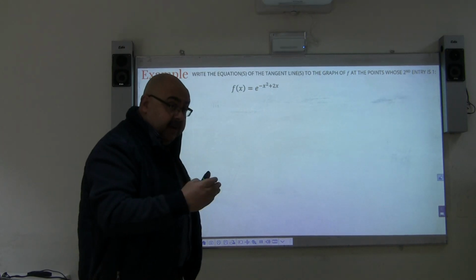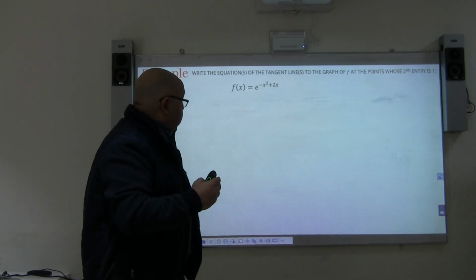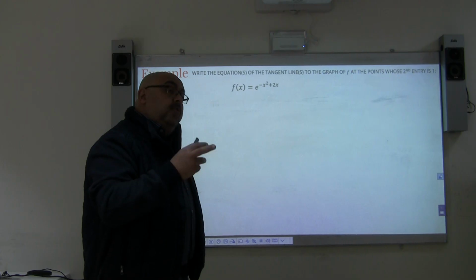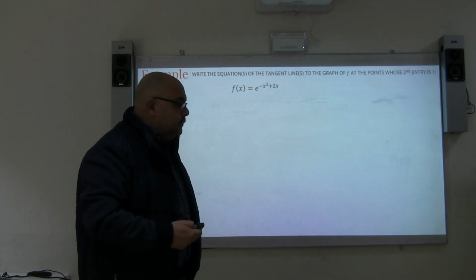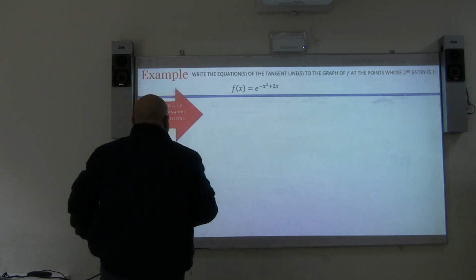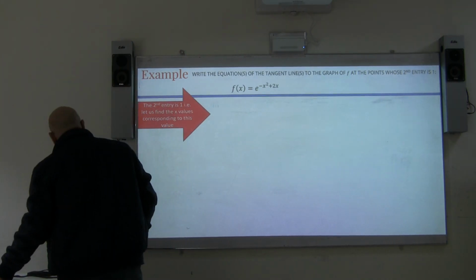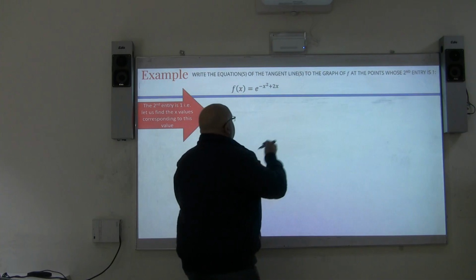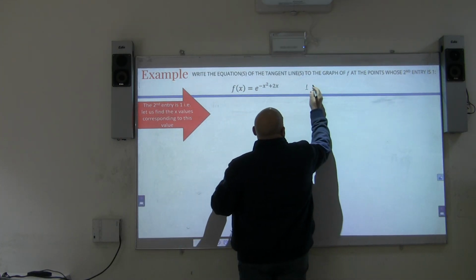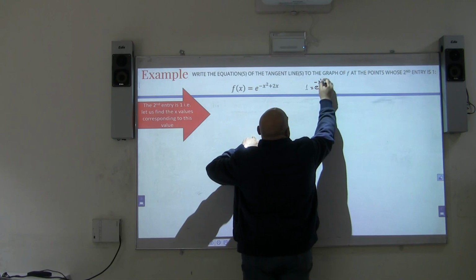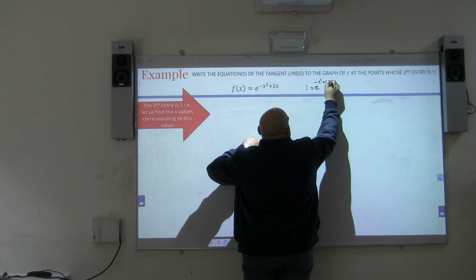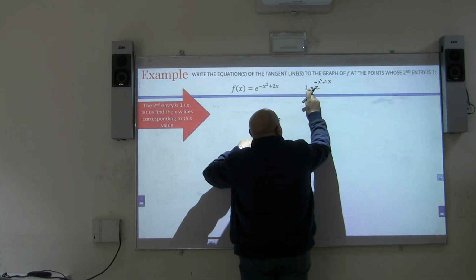So I need to find the values of the function where y is equal to 1. How to do it? I will start by letting y equal to 1. So simply, Omar, I will put 1, which is y, equal to e to the power of negative x squared plus 2x. Of course, yes, you are correct.